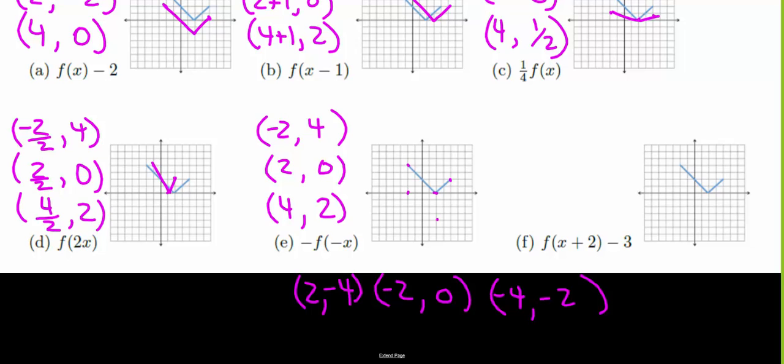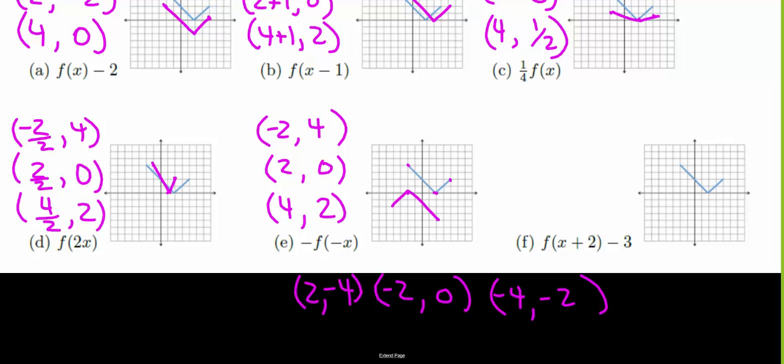I have two sets of points here. I was looking at the wrong thing. And -4, -2. So I think it looks something like that. It's helpful to see what's going on with the points and plot the points sometimes when you have these flippings going on, right? Okay, so there's what the transformation looks like.